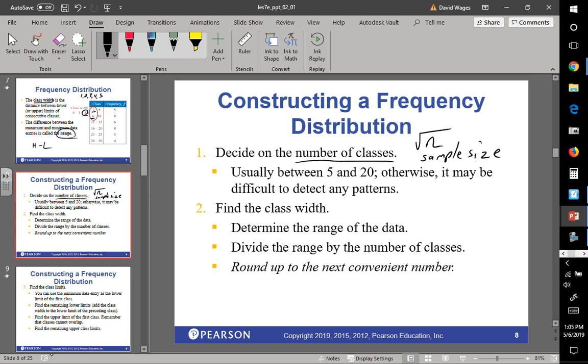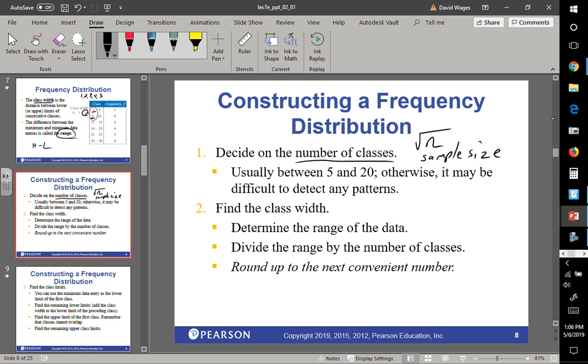Sometimes our classes are based on certain characteristics, so that we may have lots and lots of data points, but we might still only break our data into 5 or 6 classes.